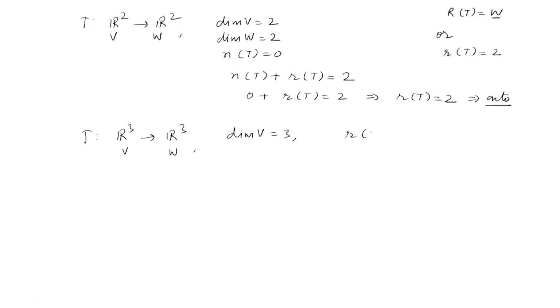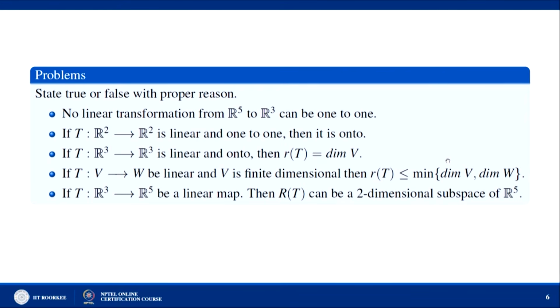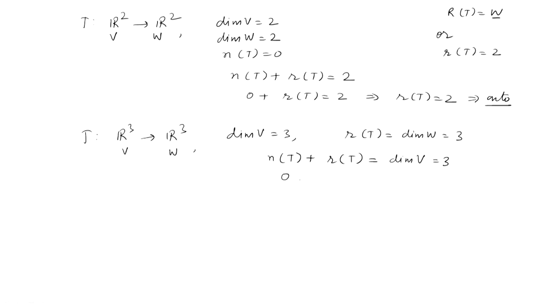Onto means the rank of T is equal to the dimension of W, which is 3. So, nullity of T plus rank of T will be equal to the dimension of V, which is 3. What is given to us? It is given to us that it is onto. Now, here it is 1 to 1. So, it is 0 plus rank of T equal to the dimension of V. So, it is clear.